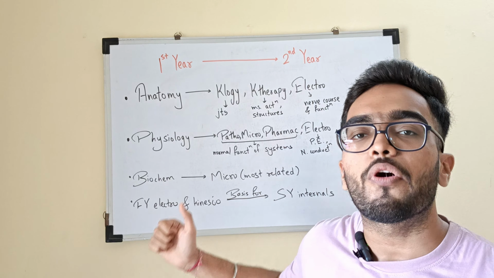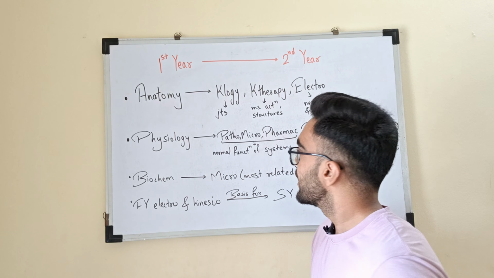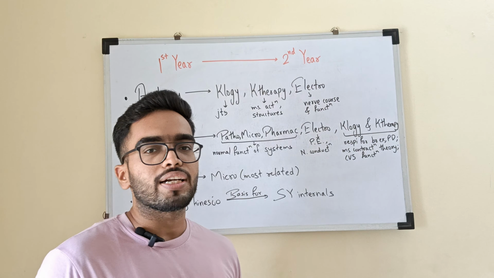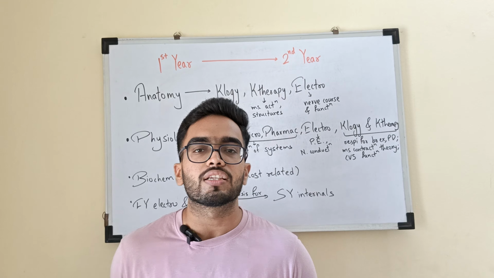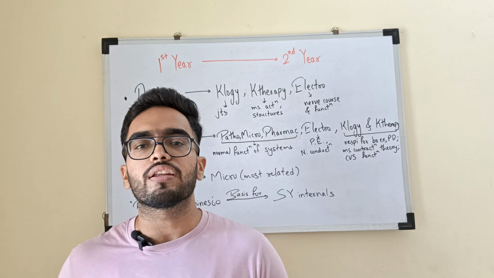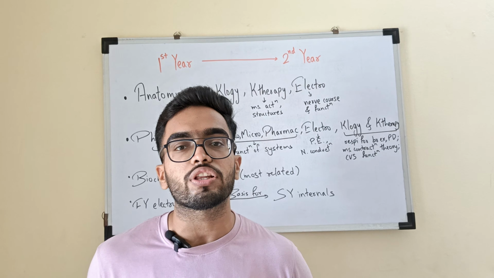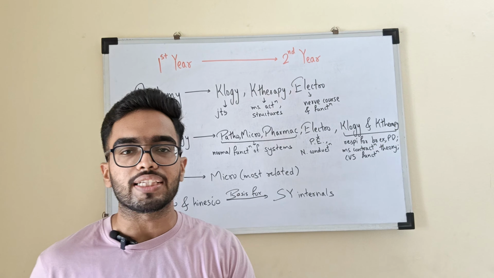So physiology is important for microbiology, pathology and pharmacology for that reason. Next is electrotherapy. In electrotherapy, the most important thing is knowing the physiological effects of various modalities: how an electric current helps in relieving pain, and what the effect of heat and cold on the body is. So physiology is important for electrotherapy for that reason.